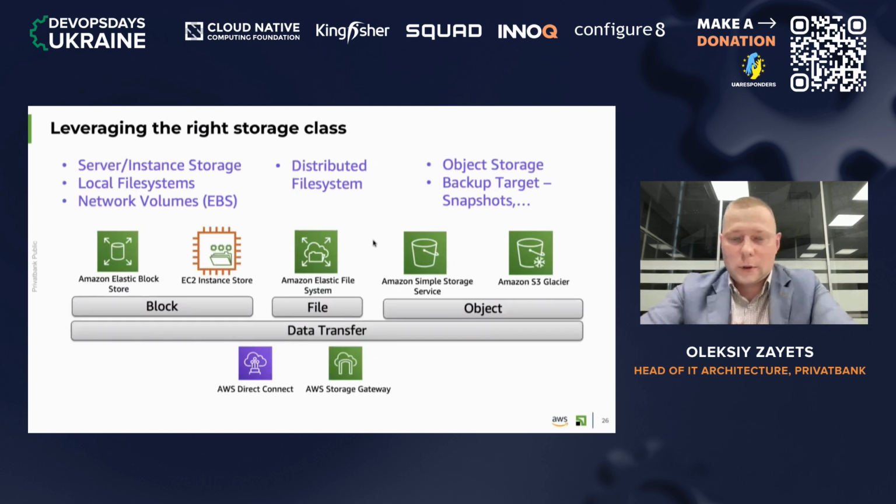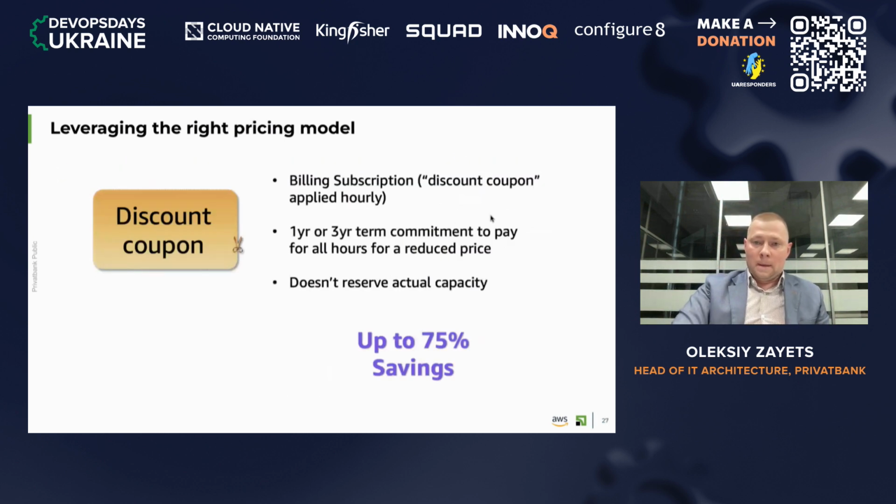Leveraging different storage classes, because AWS has a lot of services and possibilities to store data. Aligning with these opportunities can save you plenty of money. And using different discounts, different commitments, savings plans, reservations, and other financial techniques were also in place.